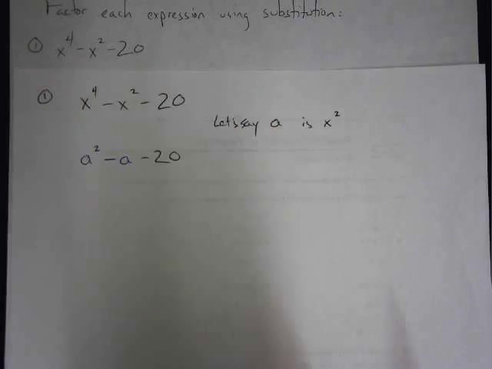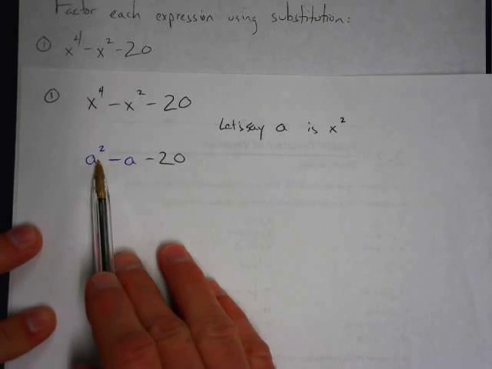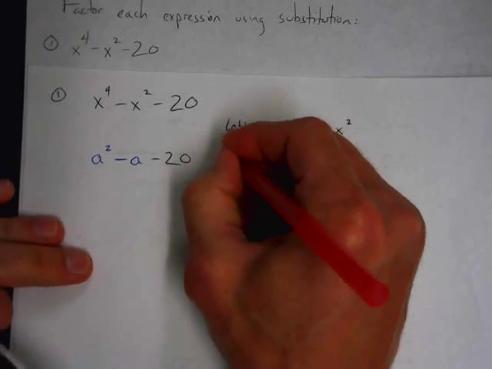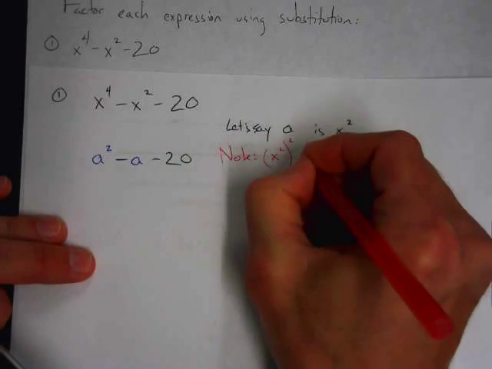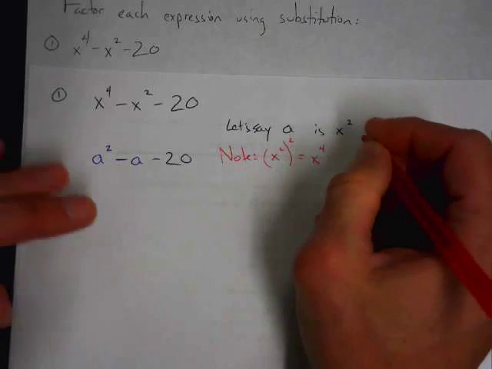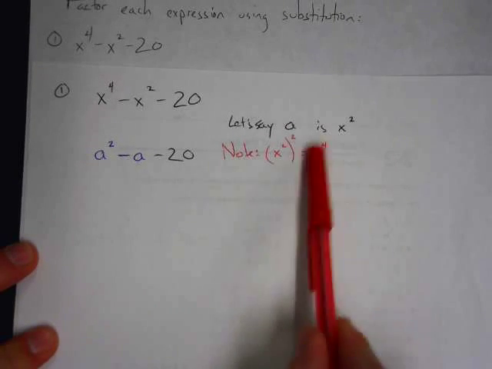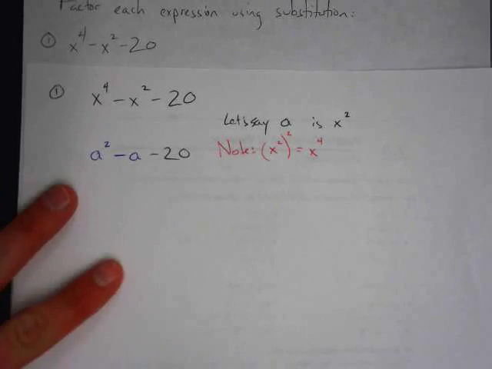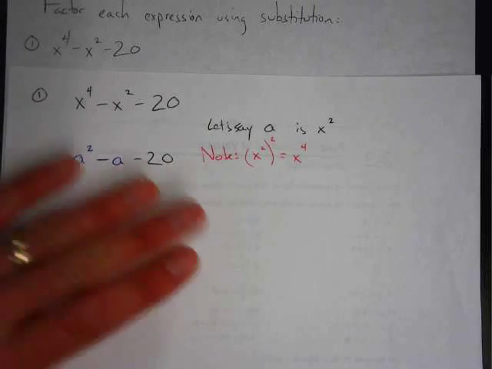Knowing how laws of exponents work is going to help us in quite a bit of situations, because remember, x squared to the 2nd power is actually x to the fourth. That's the note we have to remember from laws of exponents to see how this substitution piece works. Recognizing that we can do that is going to set this trinomial up to be factored easily.